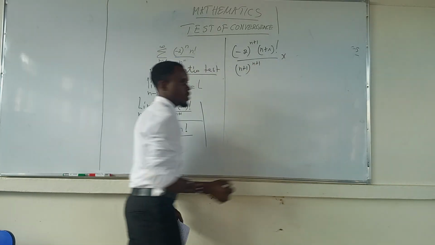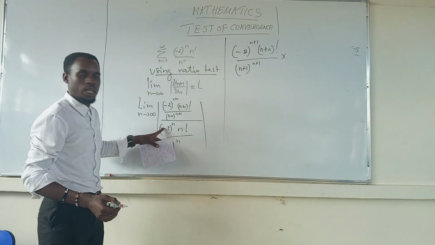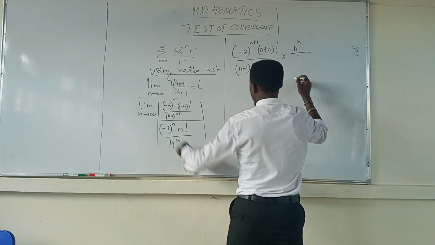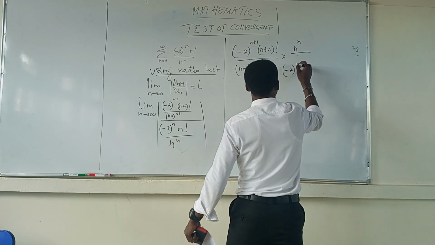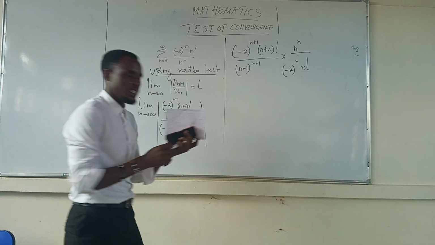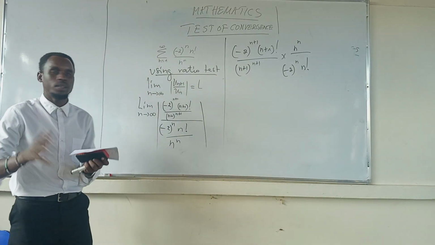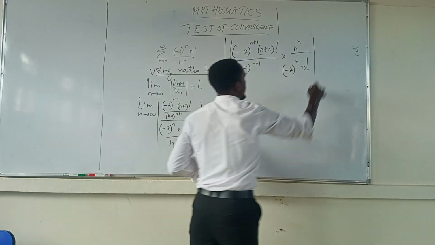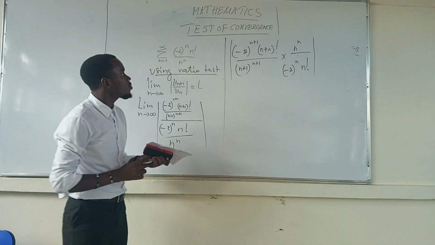Then I multiply by the inverse of the second, which means n power n over negative 2 power n times n factorial. Guys, let me hope that this is clear. And of course, I will need just the absolute value of this one.